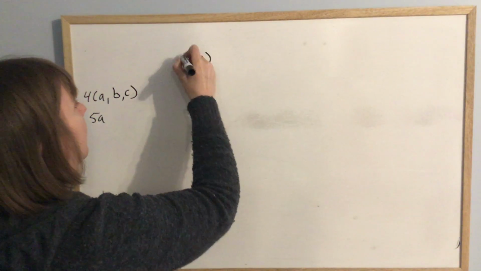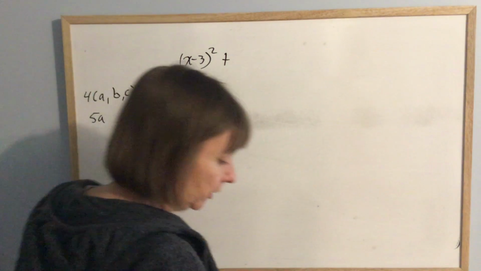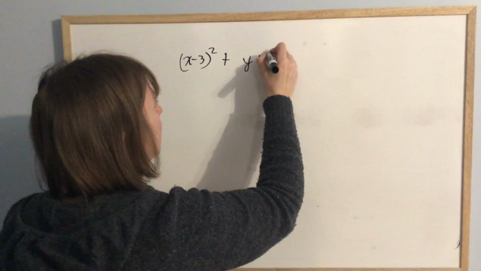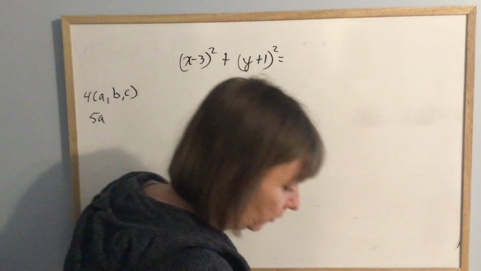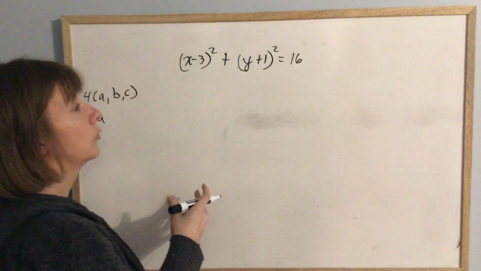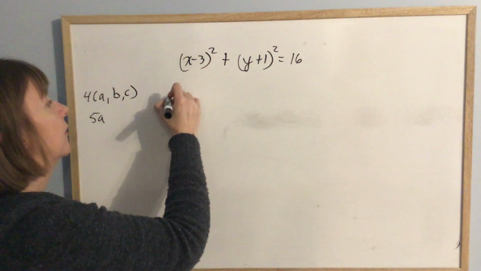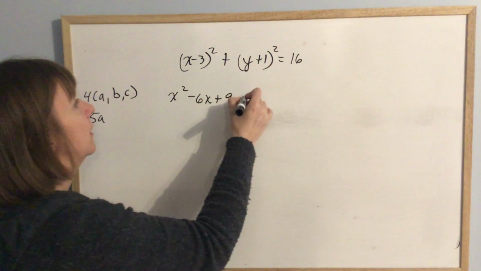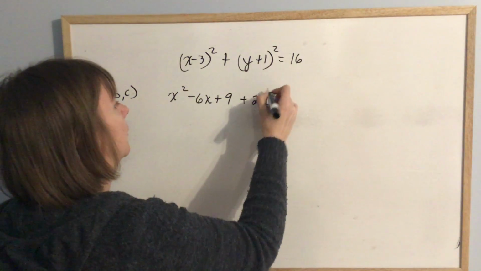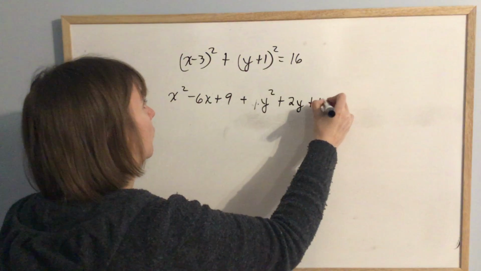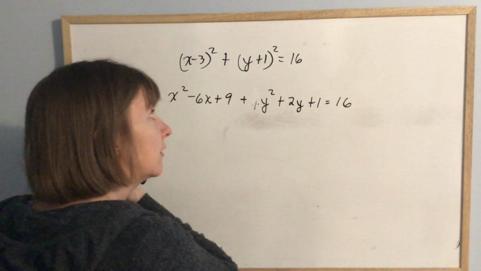Oh, I said I was going to do that the other way too, didn't I? So if you did x minus 3 squared plus y plus 1 squared equals 16. If you decided to do the derivative by expanding it first, this would be x squared minus 6x plus 9 plus y squared plus 2y plus 1 equals 16.